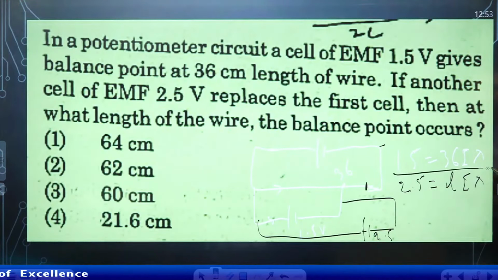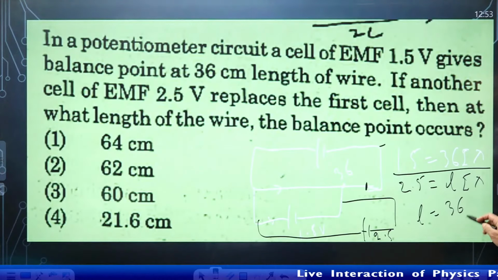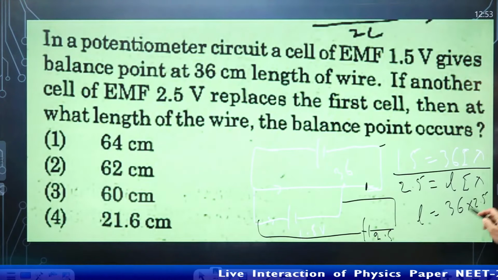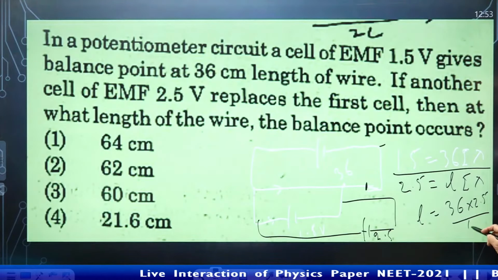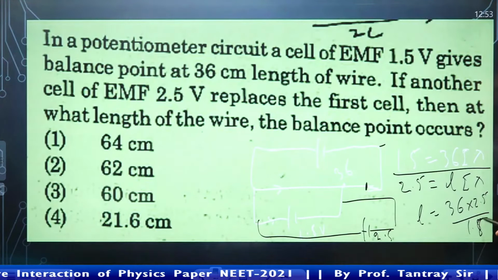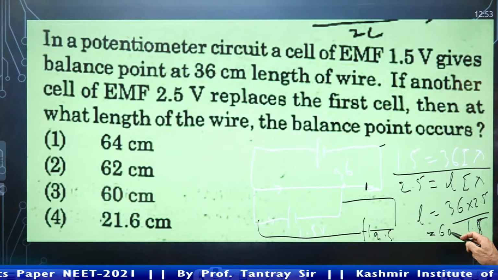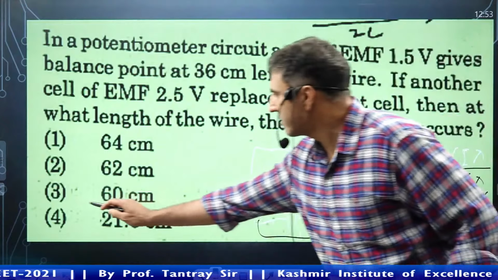If I divide, I will get this L, that is 36 multiplied by 2.5 divided by 1.5. If you just solve it, it will be 60 centimeters. This should be the answer.